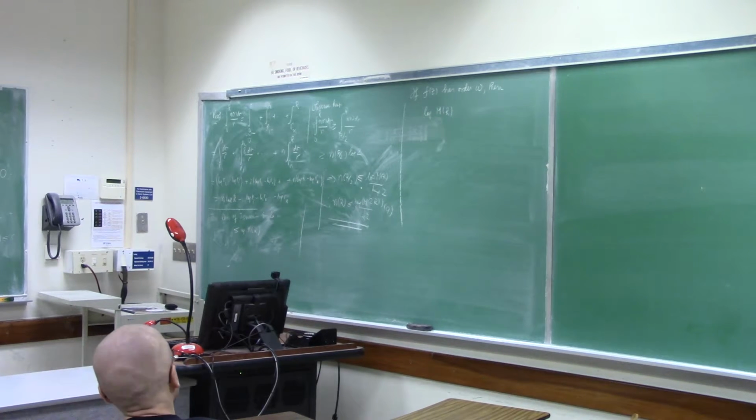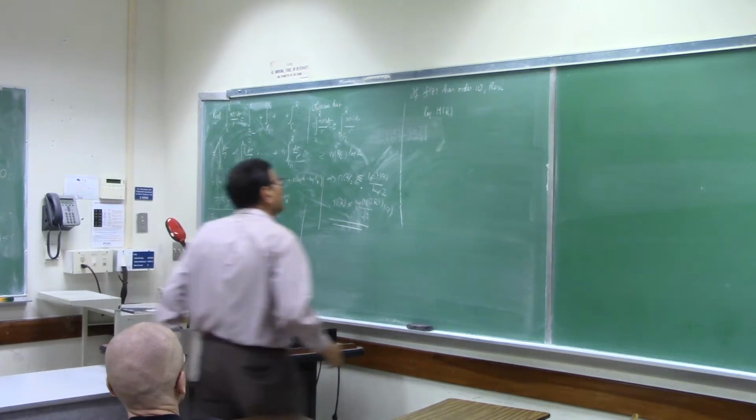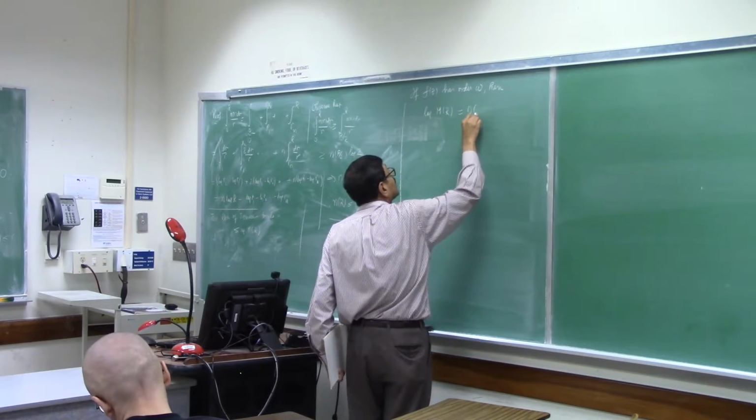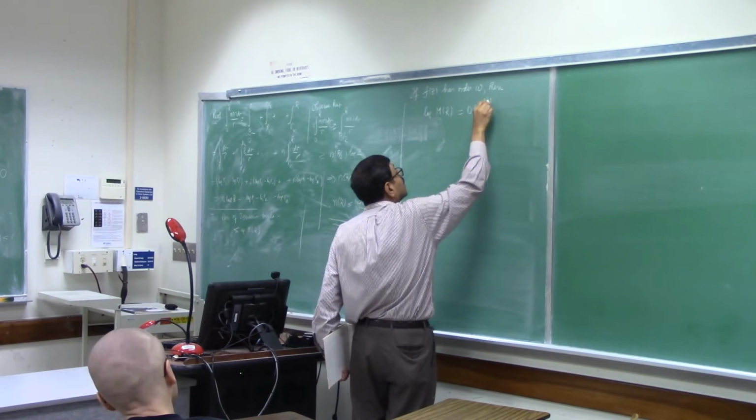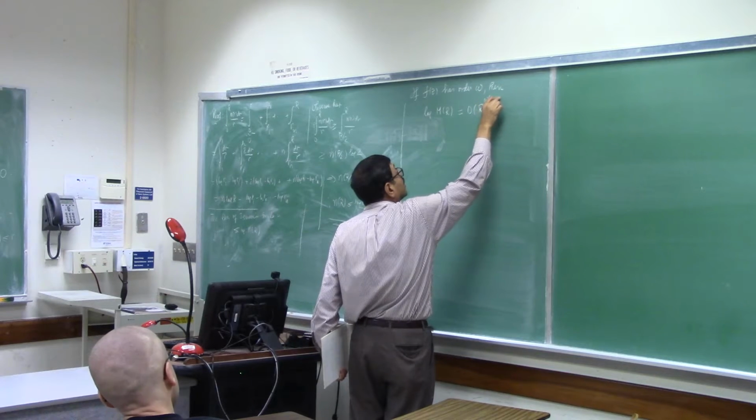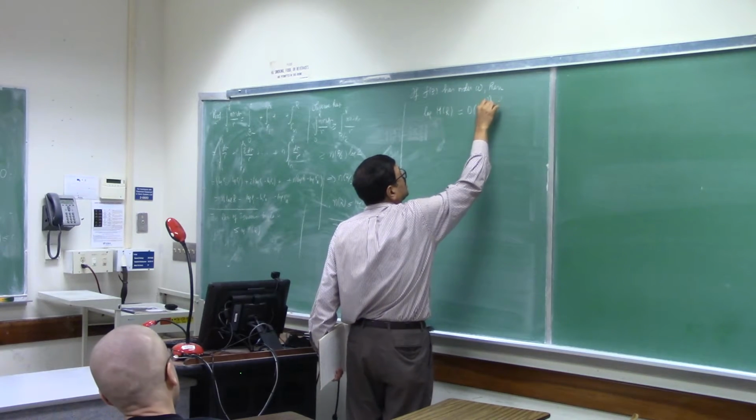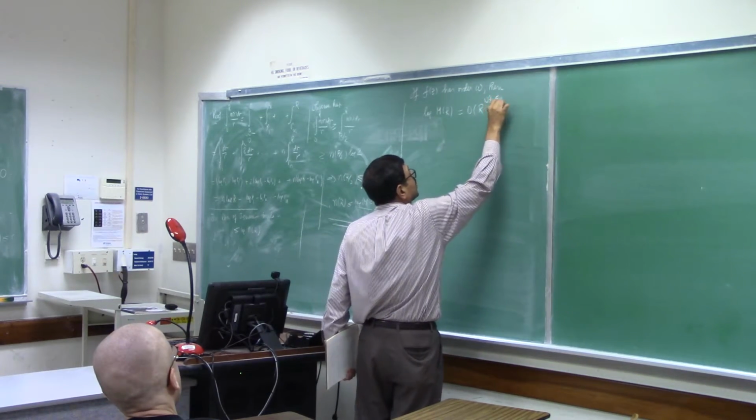So the logarithm of m is no more than r to the omega plus epsilon. You can write this as omega plus epsilon if you like, if you think of omega as finite.